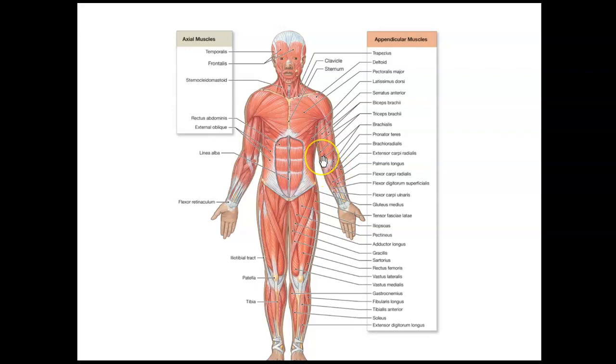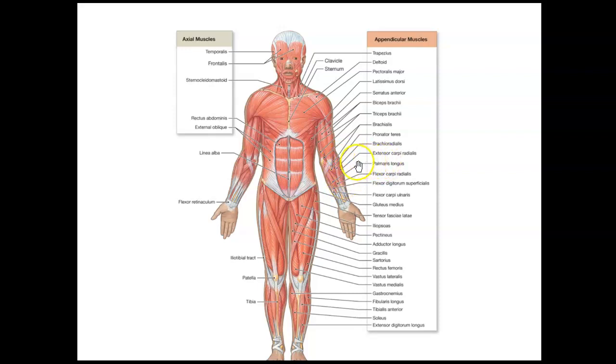The brachialis muscle and the pronator teres, which allows you to pronate. The brachioradialis, which causes the bulge in your forearm.